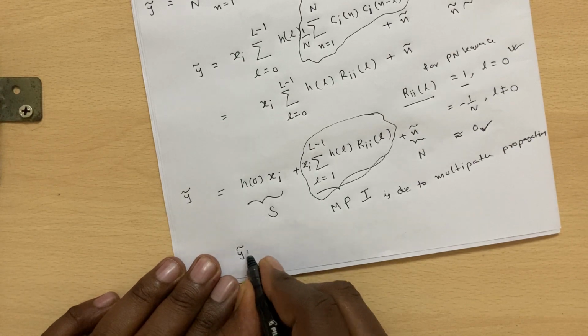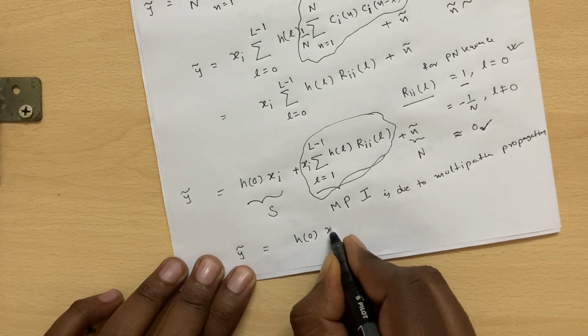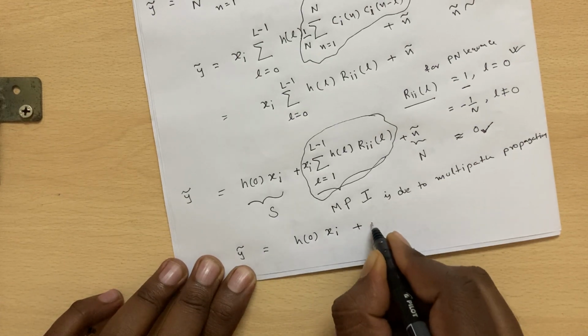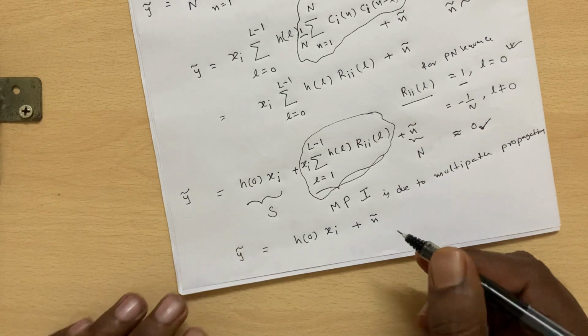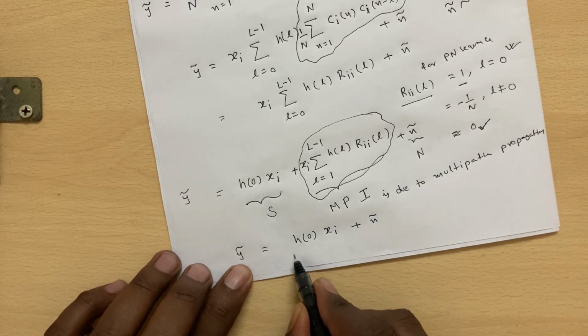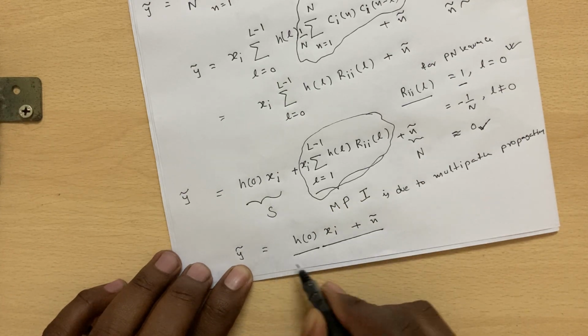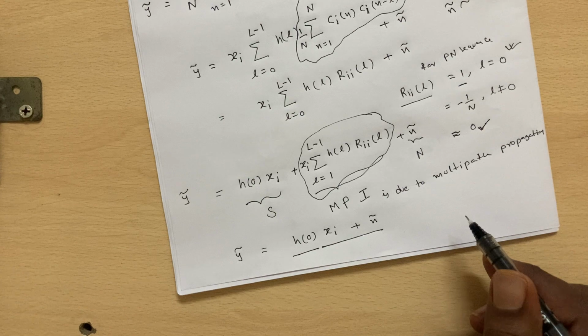Then we get y equal to h of 0 into xi plus this one. So what happened now, though it is a frequency selective channel, is that we have got an equation similar to the flat fading channel.